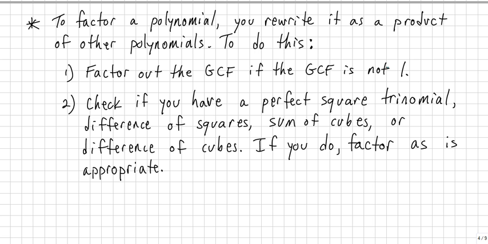Well, after we do that, we're going to check and see if the polynomial is a perfect square trinomial, if it's the difference of squares, the sum of cubes, or difference of cubes. If it is one of those things, we're going to factor it as is appropriate for which one it is. And that's what we're going to talk about next, is what exactly is a perfect square trinomial, what's the difference of squares, what's the sum of cubes, or difference of cubes.